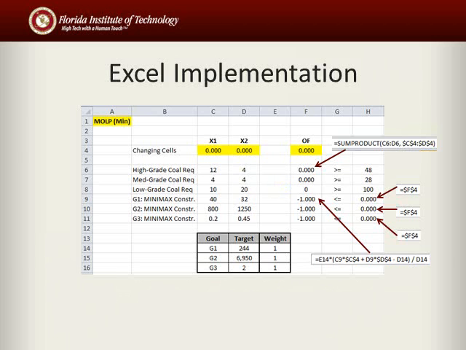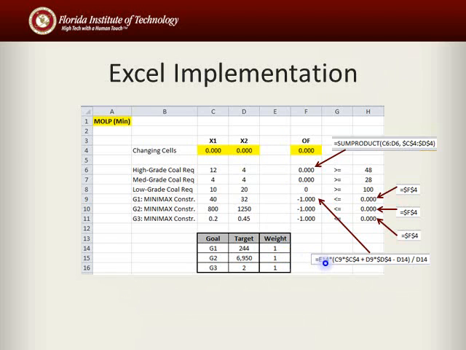The constraint here, which is pretty much the value for our goals, is represented by this formula. Basically, this is the weight for goal number 1, E14. I set up a table with weights for each of the goals.